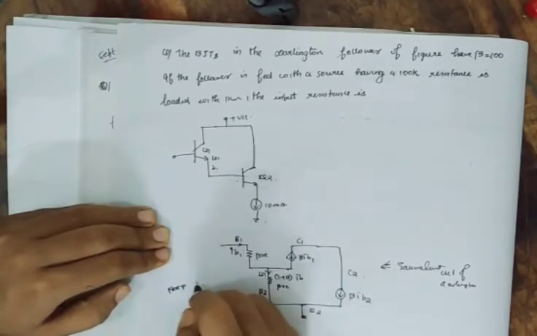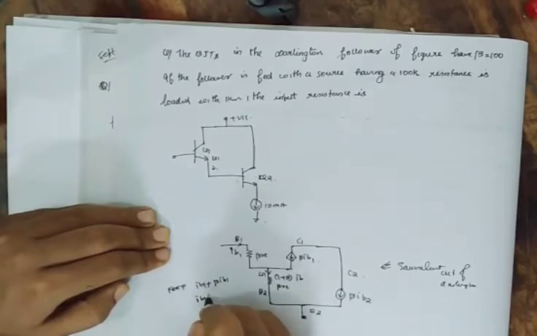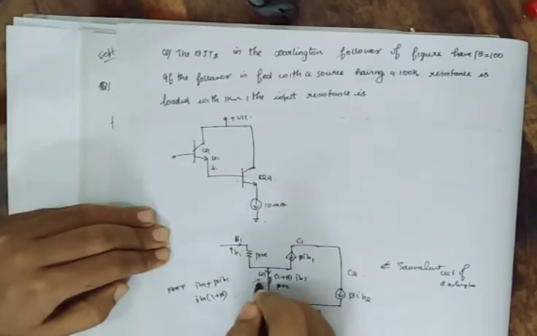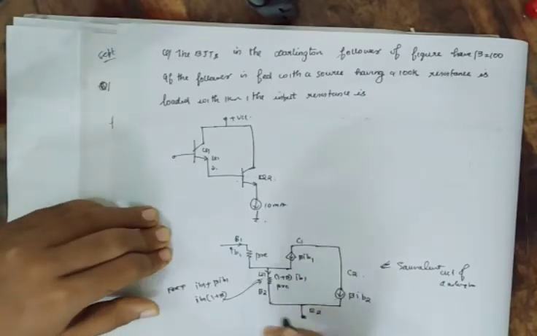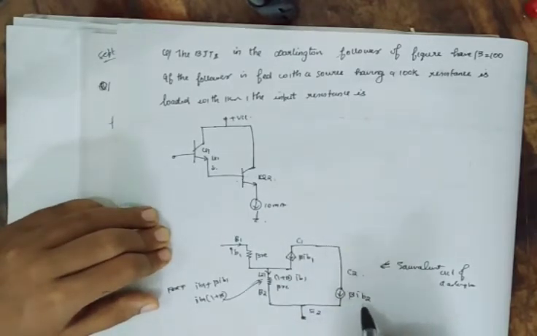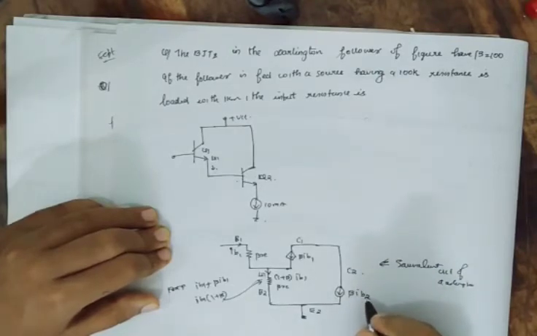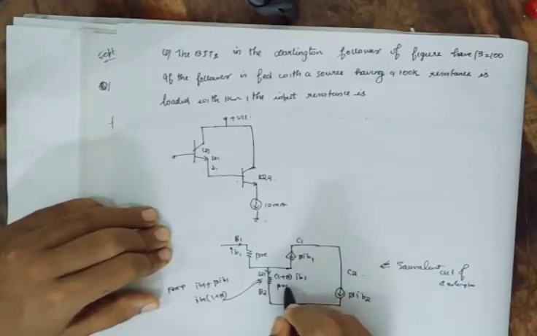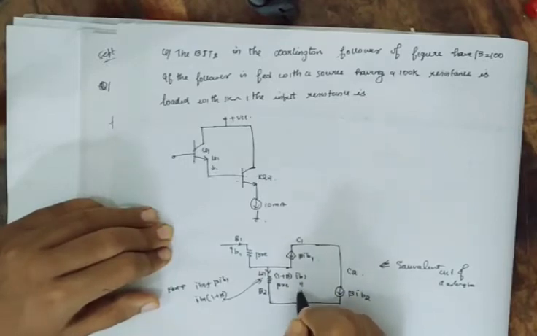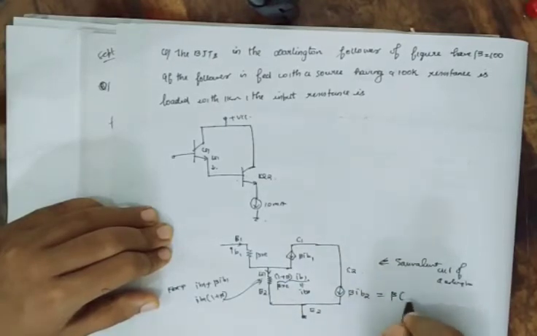So the current over here is IB1 plus beta IB1, that is equal to, taking IB1 outside, 1 plus beta into IB1. So that is going over here, and this is beta Re. We'll come to that later. And what is beta IB2? The collector current, the base current in the second transistor. This is IB2. The whole one is equal to IB2. So instead of beta into IB2, I can write 1 plus beta into IB1.